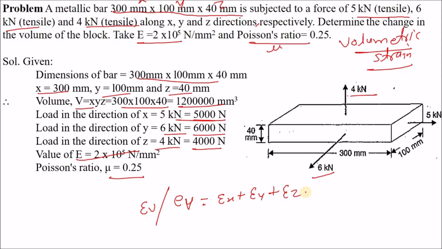If you want the derivation of volumetric strain, you can read lecture number 2, where I clearly explained how we can find it. To find epsilon x, epsilon y and epsilon z, we first require sigma x, sigma y and sigma z. So first we will find sigma x, sigma y and sigma z, then we will find the volumetric strain.